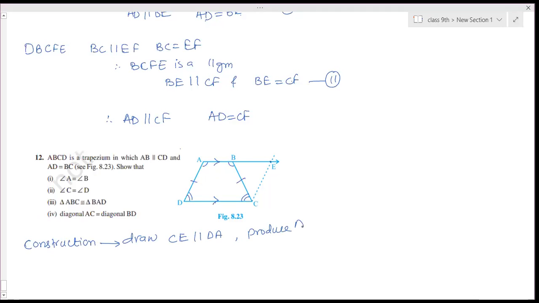Produce AB to meet at E. So here AB is only extended. AB is parallel to DC. That means AE is parallel to DC. And as well as we have done CE and AD are parallel, we have constructed. So therefore ADCE is a parallelogram. Both the pair of opposite sides are parallel.